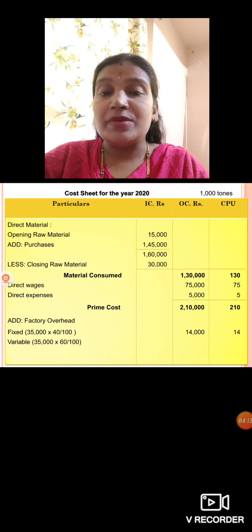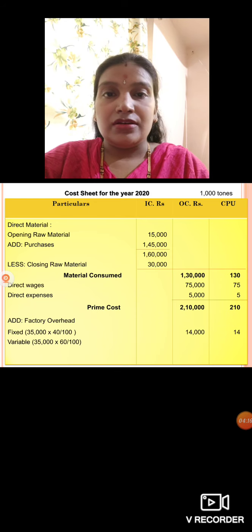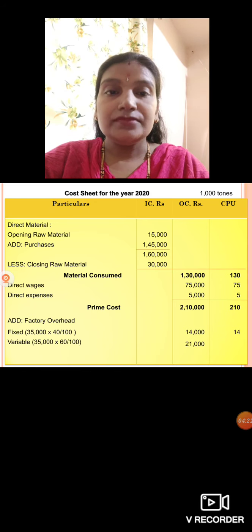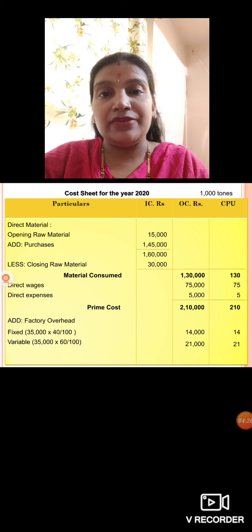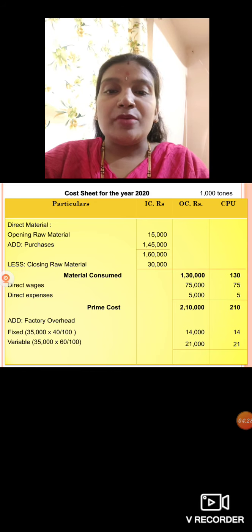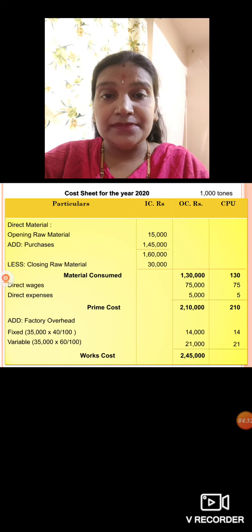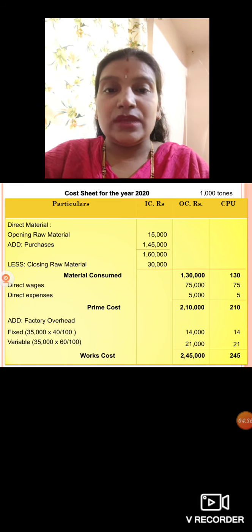Variable, they have given 60%, so the remaining you should consider fixed here. Variable is 35,000 times 60%, that is 21,000. 21,000 divided by 1000, we will get 21 rupees. So how much do we have as works cost now? It is 2,45,000. Per unit it is 245. 2,45,000 divided by 1000 tons.